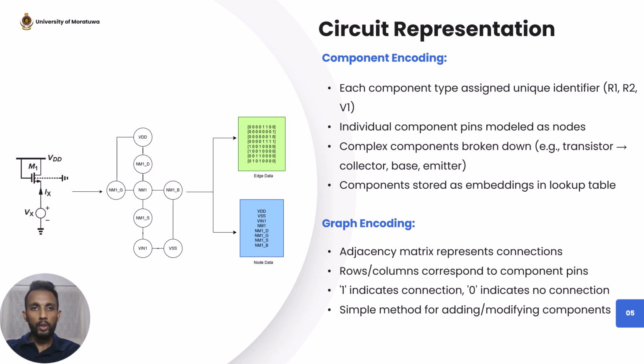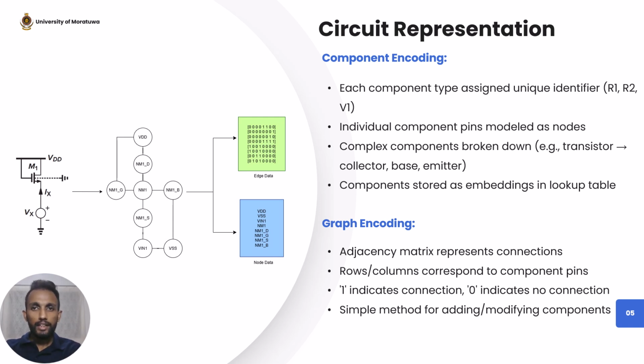Now on to graph encoding. We use an adjacency matrix to represent the connection between components. Here each row and column represents a specific component pin. A 1 in the matrix indicates a connection while a 0 means no connection.